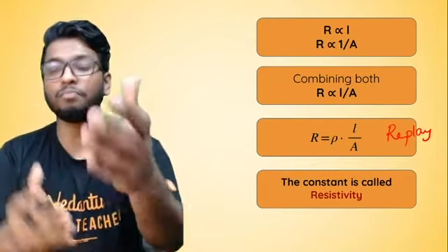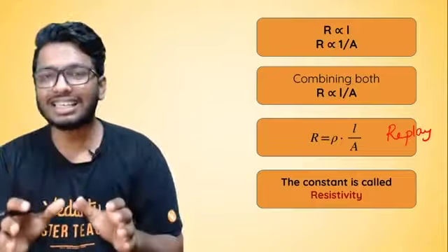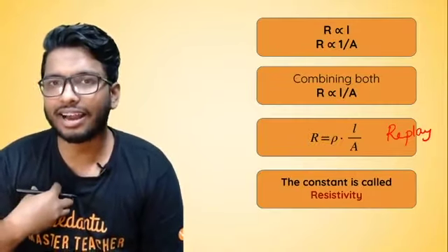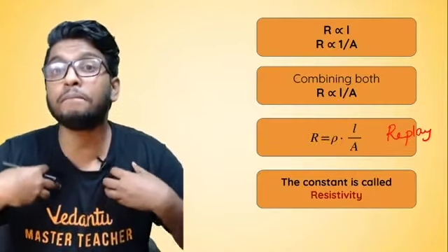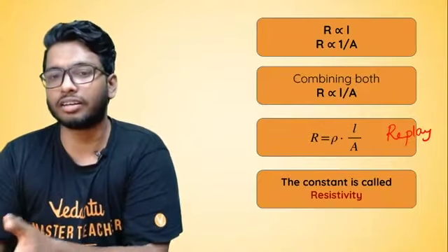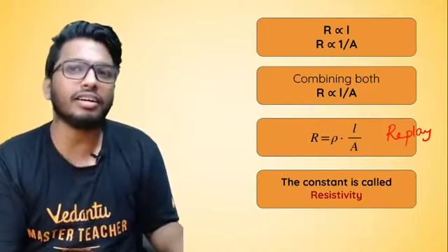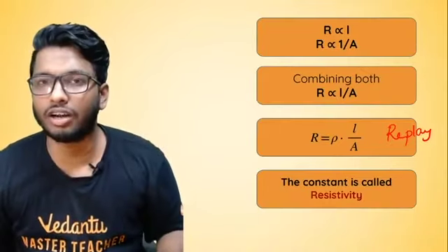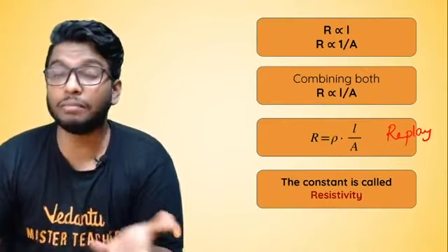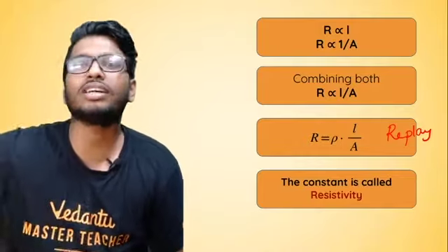So what is the point of this? It is basically for me to compare which is a better conductor. By using resistivity, I can tell whether copper is a better conductor or whether aluminum is, or I can compare whether aluminum or gold is a better conductor.